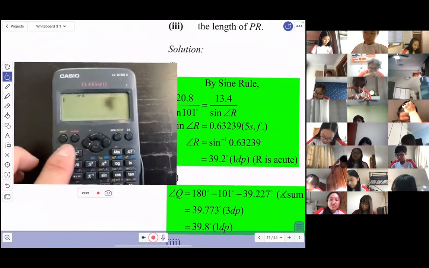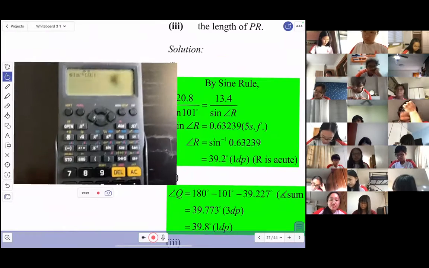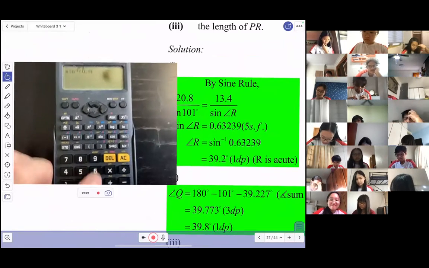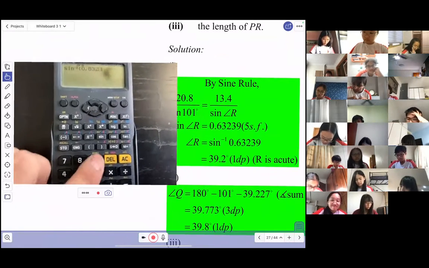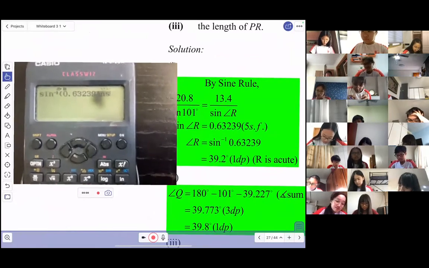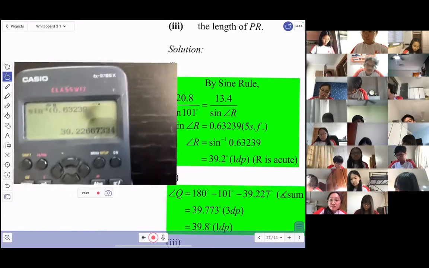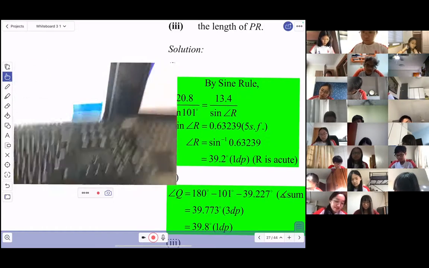Let's say sine R, you want to bring your R over, you do shift sine inverse. 0.63239. Once you do that, you can find your sine inverse. Press equal, and then you get the answer.